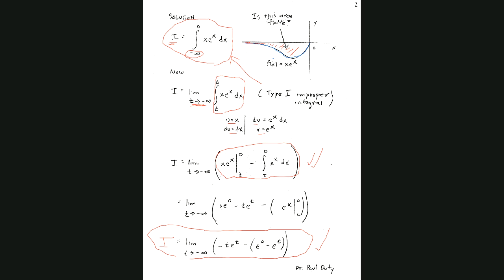All right. So now we have to take this limit, and we're letting t go to negative infinity. Is e to the 0 going to be a problem when we take the limit?